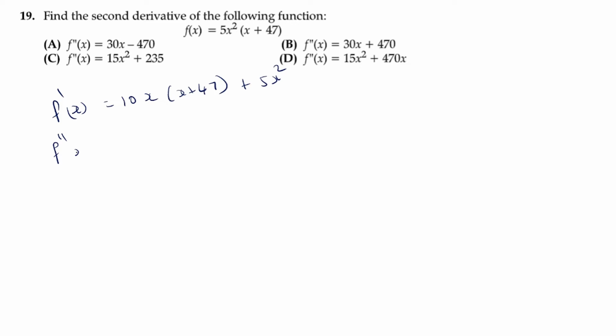Then f double dash of x will be 10 into x plus 47 plus 10x into 1 plus 10x. So this is equal to 10x plus 10x plus 10x, 30x plus 470. So the correct option is option B.